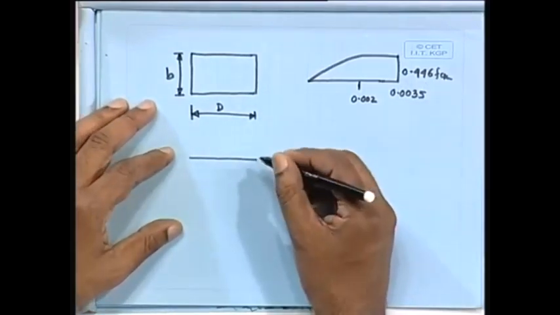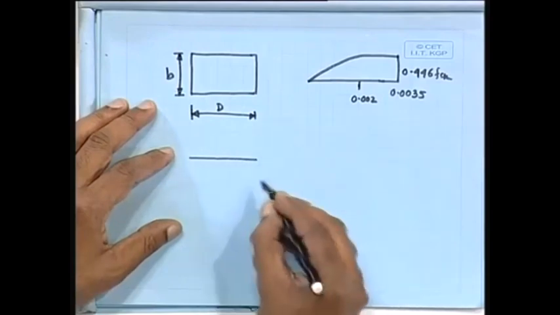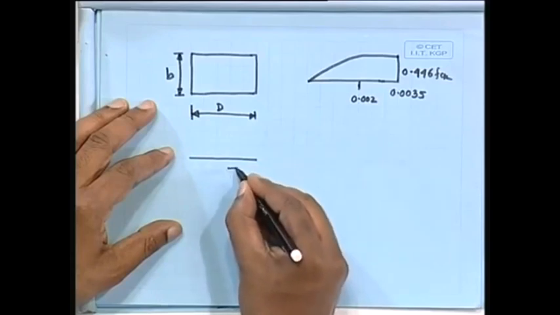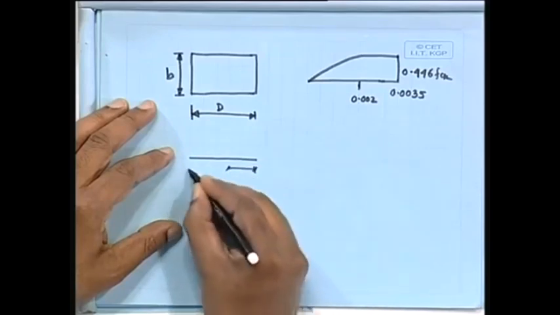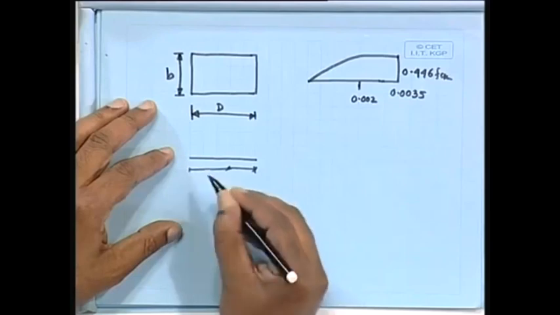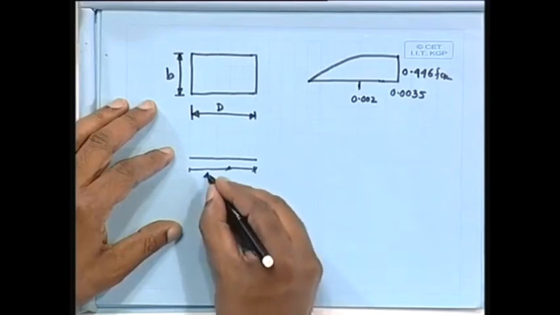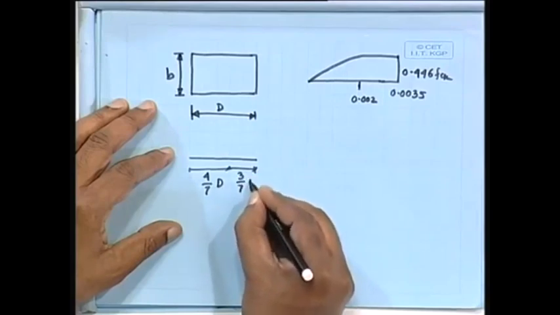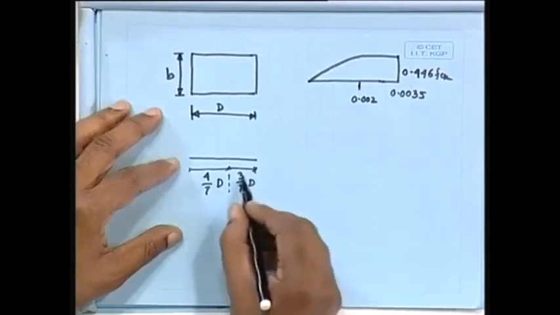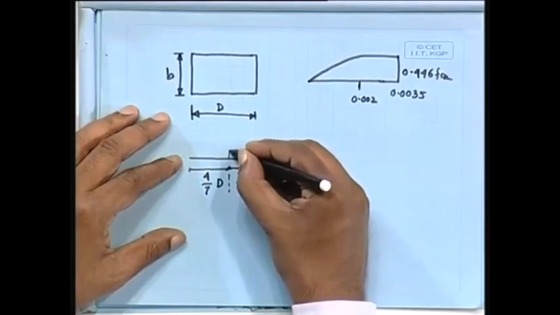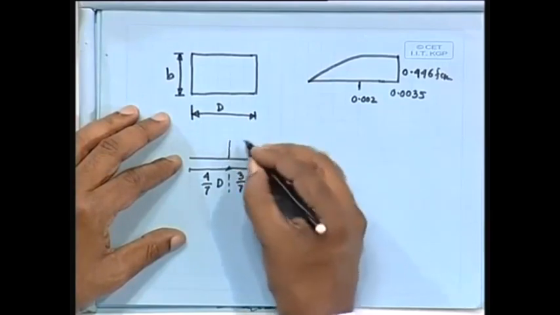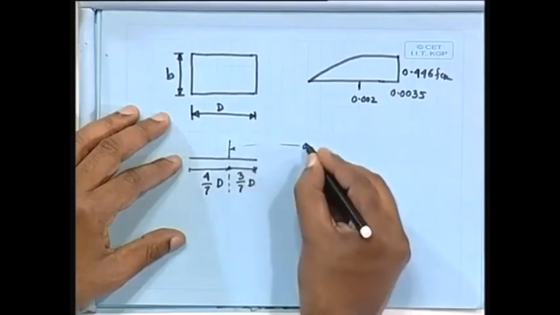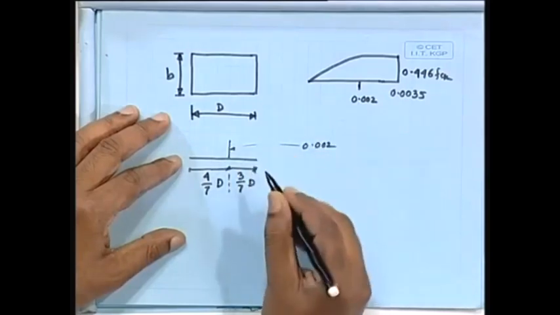Here what we shall do, somewhere we shall get here, so we shall get 4/7D and 3/7D, and at this point we have 0.002, the strain.